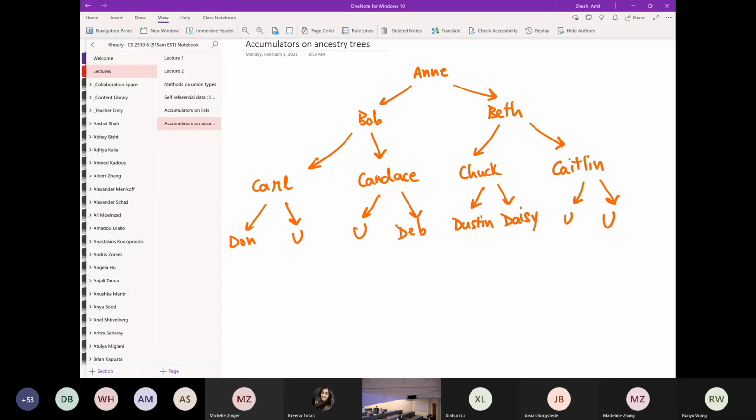And this is true for the entire tree. This is true for every person in the tree. Okay? If the person's parents are unknown, one or more, then we assume that from that side, the tree is trivially well-formed. So for example, if you just consider Caitlin, this tree. This Caitlin's both parents are unknown, and so that part of the tree is trivially well-formed.